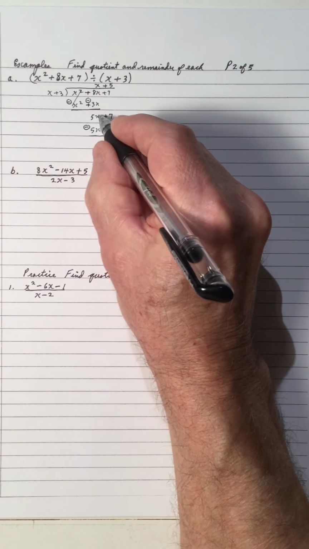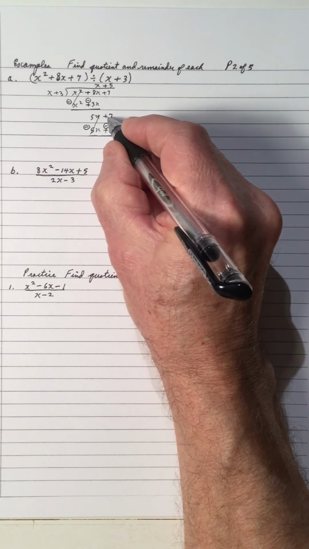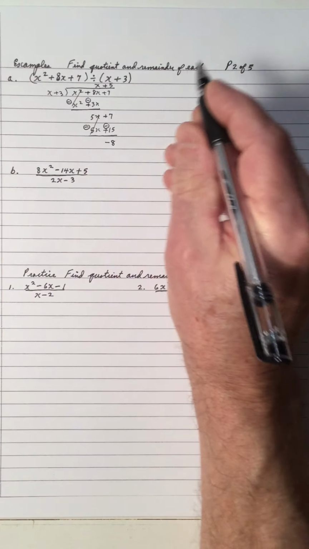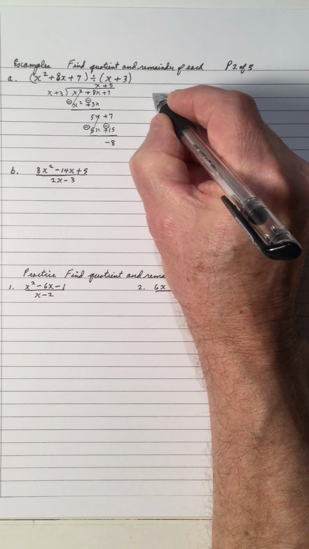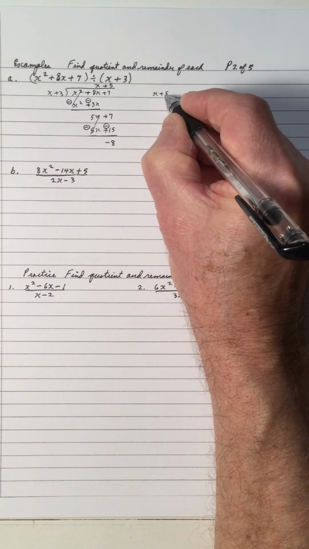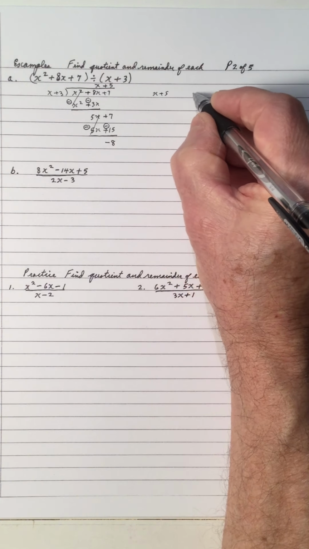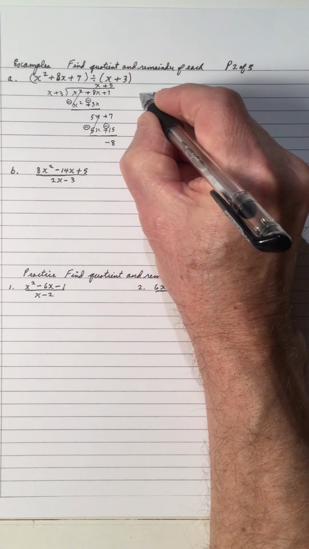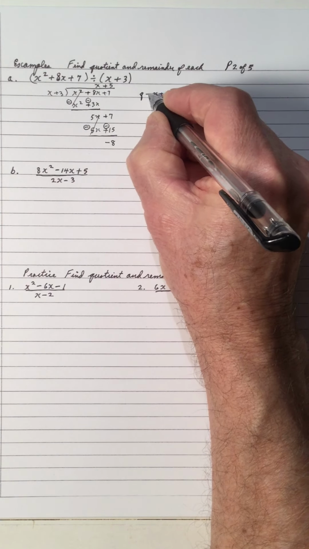Positive 5x, negative 5x cancels out. And 7 and negative 15 is a negative 8. So the quotient is x plus 5, and the remainder is negative 8. So this is the quotient, I'll just call it Q.